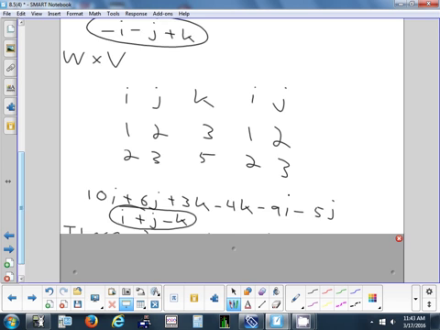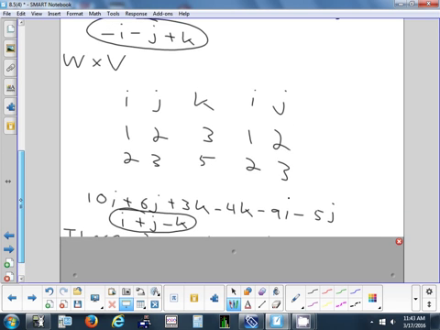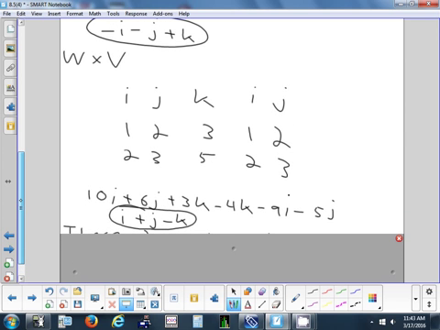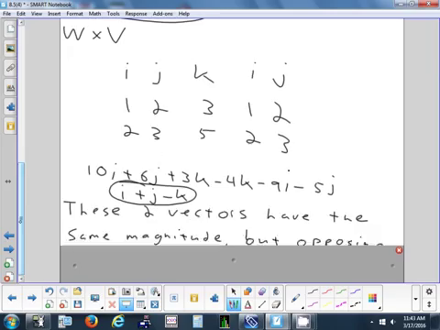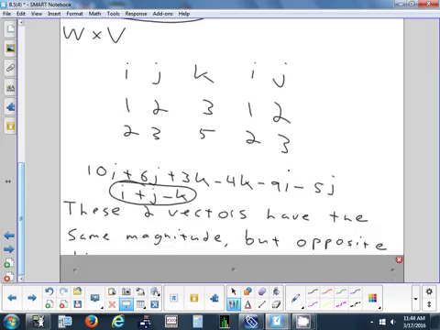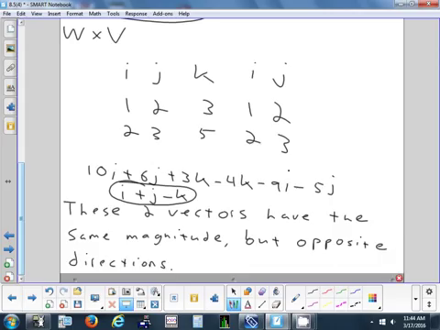So what's different about these vectors if you were to sketch them? They're opposites. Which means what? Going opposite direction. They point in opposite directions. They have exactly the same magnitude, but they point in opposite directions. So this might be one of the first times you've ever done multiplication, and switching the order does not give you the same answer.